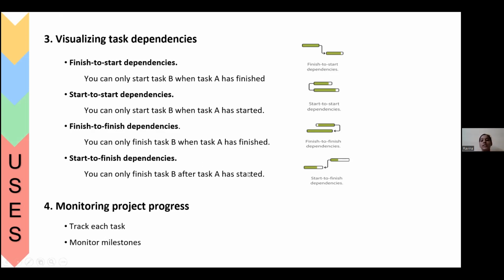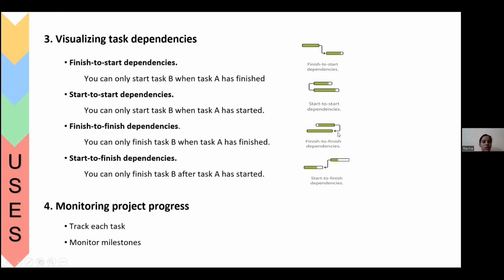This is represented in the diagram as finish to start: the arrow comes from the end of task A and merges to the start of task B. In start to start, the line connects the start of task A and the start of task B. Finish to finish merges the end of both tasks, and start to finish means once task A starts, B can finish.